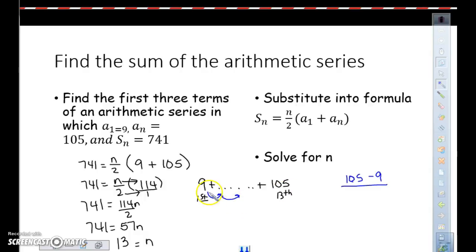There's 13 terms, so that means we're going to jump 12 times, 13 minus 1. That's going to give us our common difference: 96 over 12. So there's our common difference. Now we know that we're counting by 8. So 9 plus 8 is 17, 17 plus 8 is 25. So there's our first 3 terms.